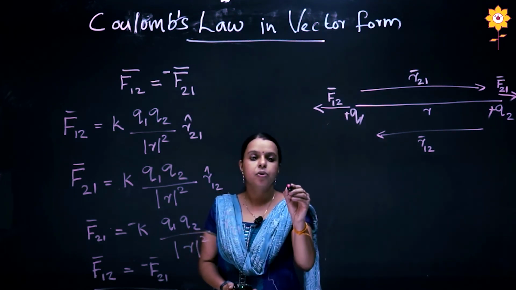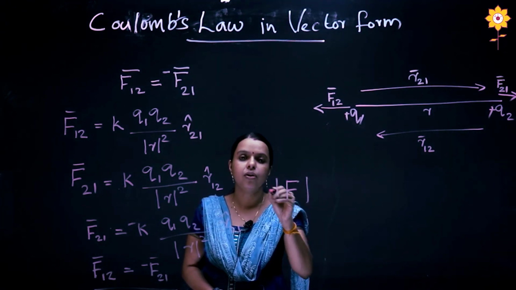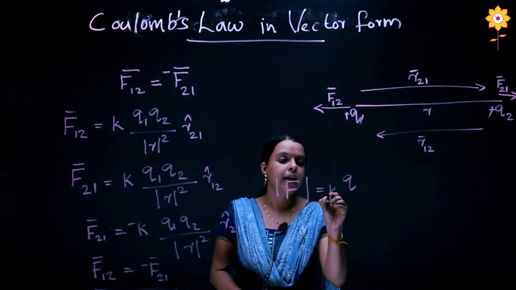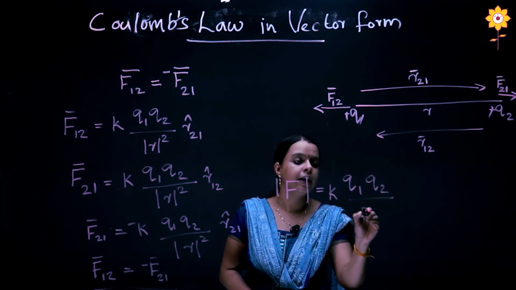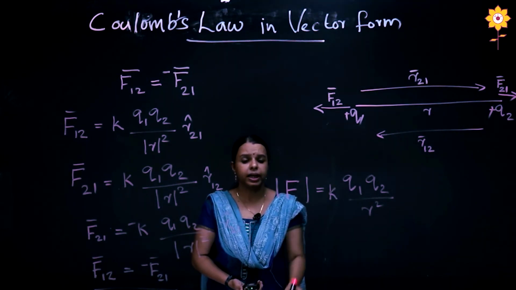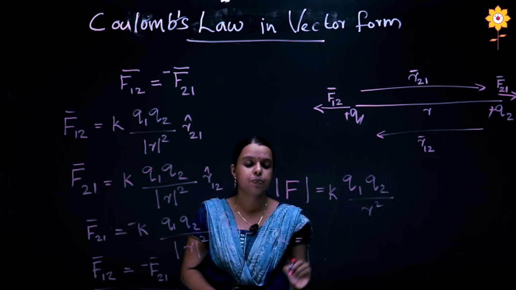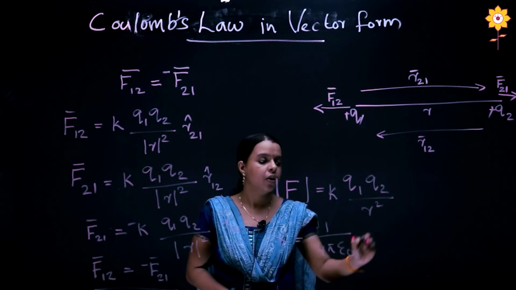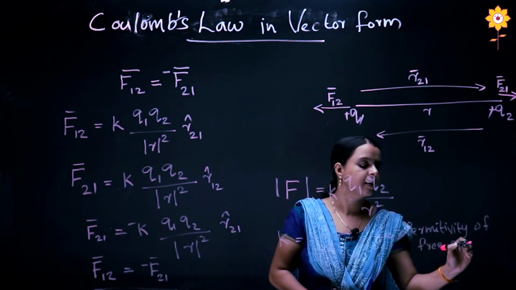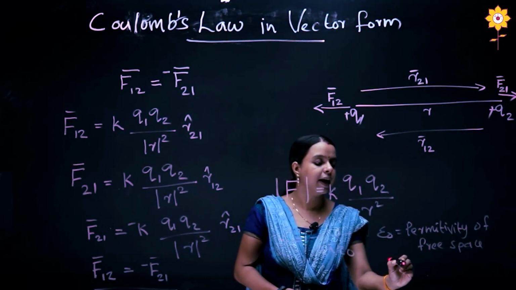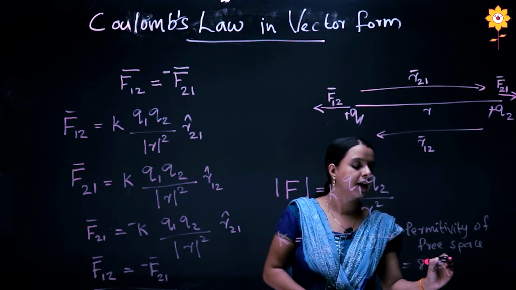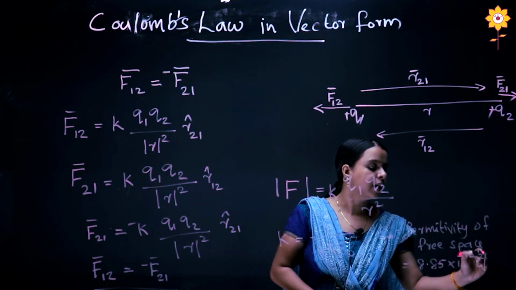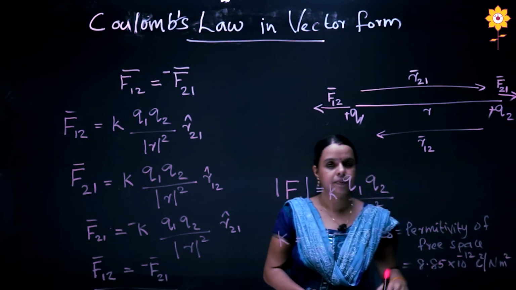So we can write the magnitude of Coulomb's force, or electrostatic force, as K into Q1 Q2 by R square, where K for free space can be written as 1 by 4 pi epsilon 0, where epsilon 0 is the permittivity of free space. It has the value 8.85 into 10 raised to minus 12 Coulomb square per Newton meter square.